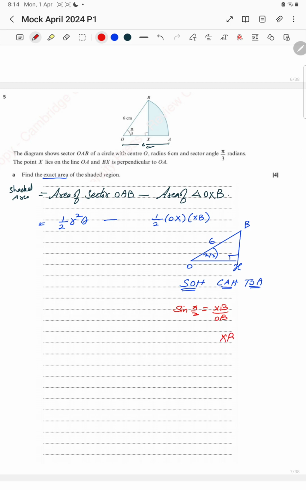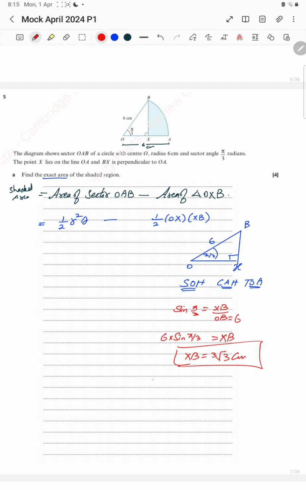So XB will be, OB is 6, so cross multiply, XB will be 6 times sine pi by 3. With a calculator, simply I will get XB equal to 3 root 3 centimeter. Don't write in decimal because you are looking for the exact answer.